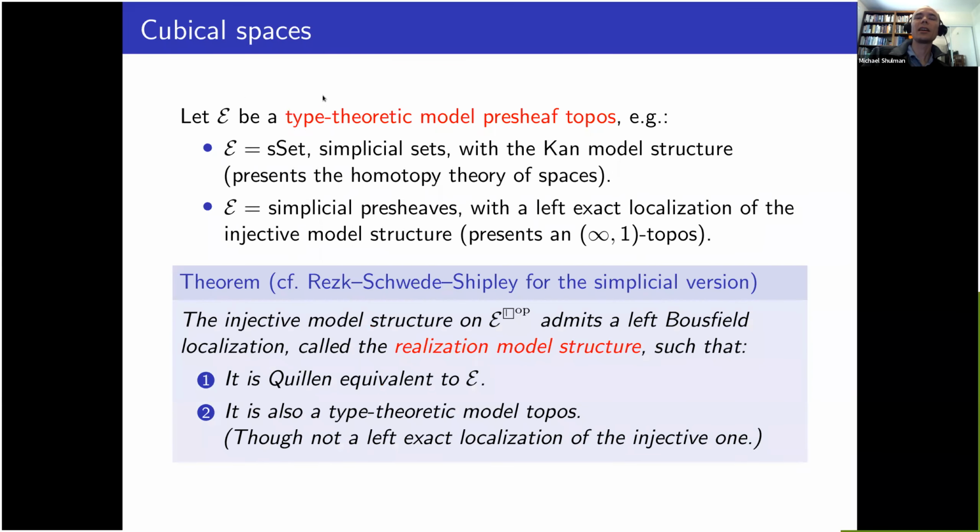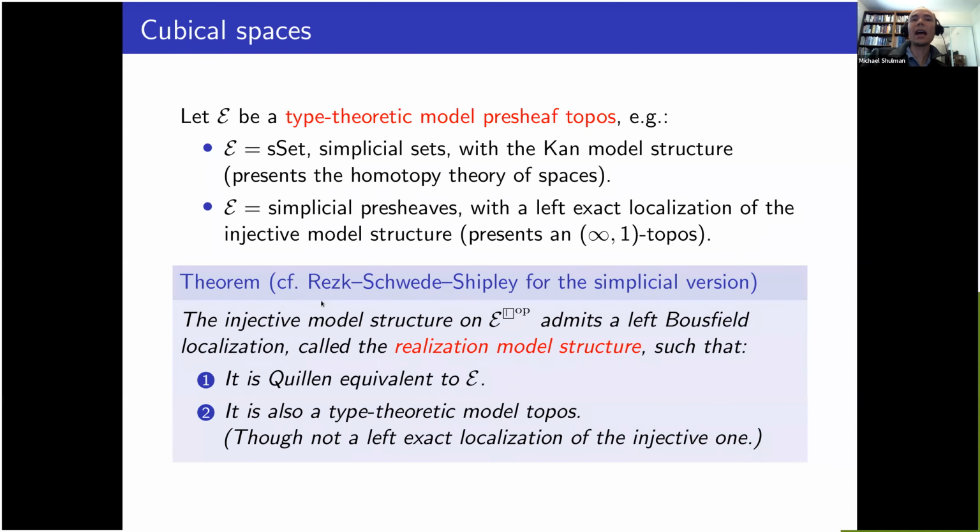We're going to take a type theoretic model presheaf topos. It could be simplicial sets with the Kan model structure, which presents the homotopy theory of spaces, or it could be simplicial presheaves with a left exact localization of the injective model structure that presents any other infinity-1 topos. And now we're going to start from that model category that we know presents an infinity-1 topos, and we're going to consider cubical objects in that category.